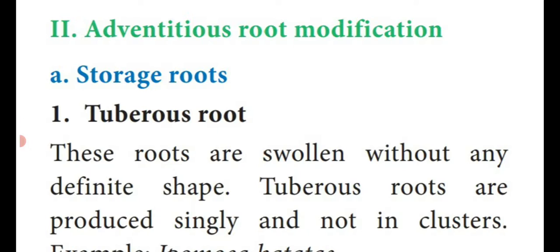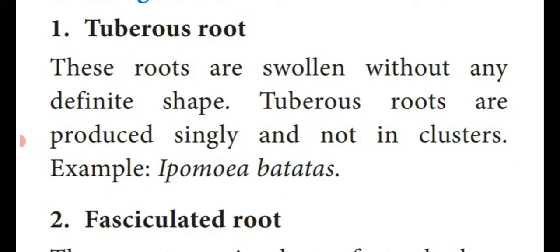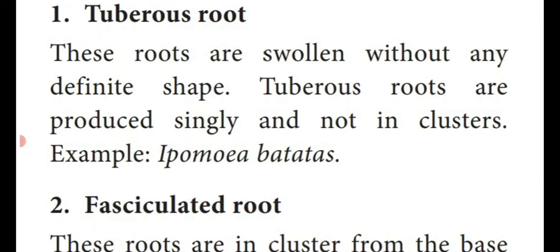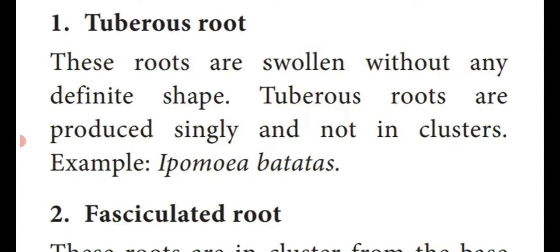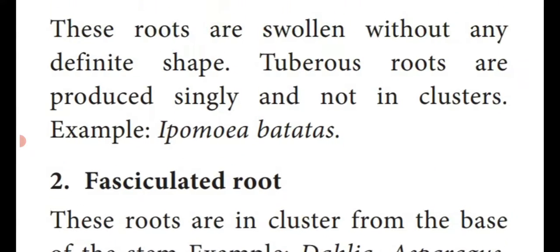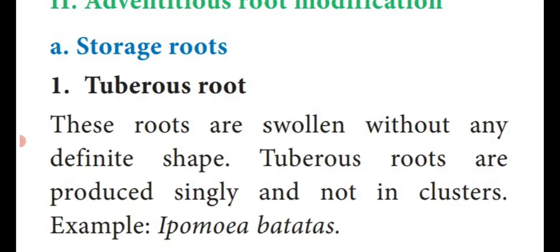One is the tuberous root, another one is the fasciculated root, the next one is the nodulose root, moniliform or beaded root, and the last one is the annulated root. First, we are going to see the tuberous root.